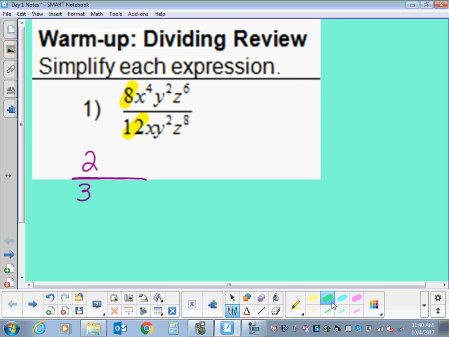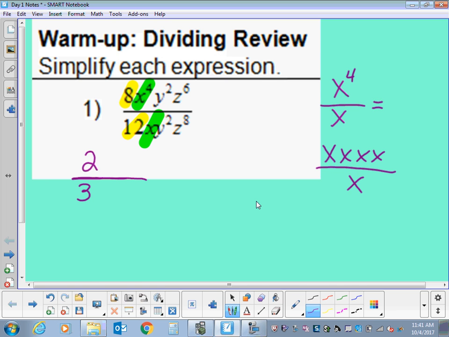Next line of business, I have x to the 4th divided by x. You can do this 2 ways. If you think about it, x to the 4th means I have 4 x's and I have 1 x. If I simplify that, what's left over? X to the 3rd. But your exponent rules from Algebra 1 tell you if you have the same base, you subtract.